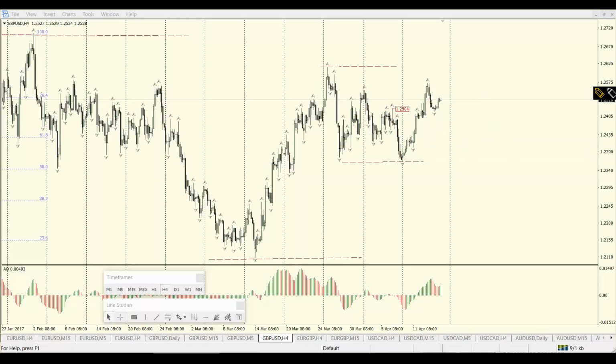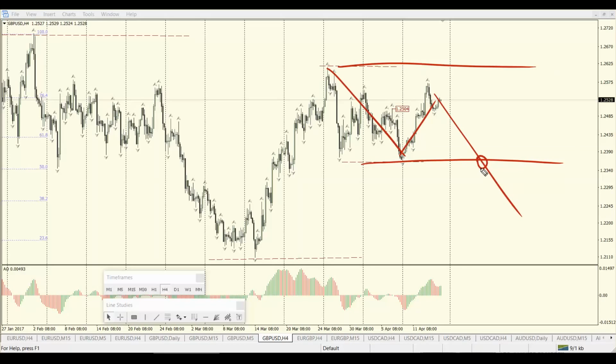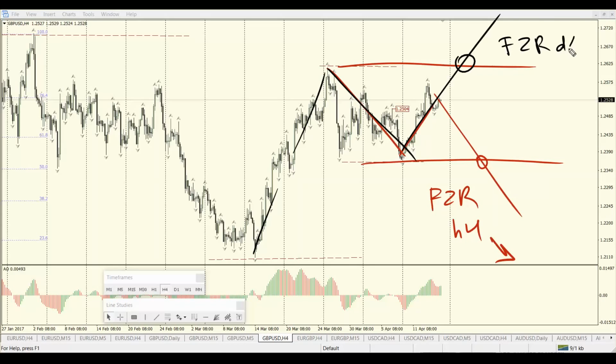So reference points are these two. If we break through that point, then we will have an FZR of H4 level down, and on the other side, if we break through this point, we'll have an FZR of D1 level up, and that will create a trend where I can start to use my trend following trading system.